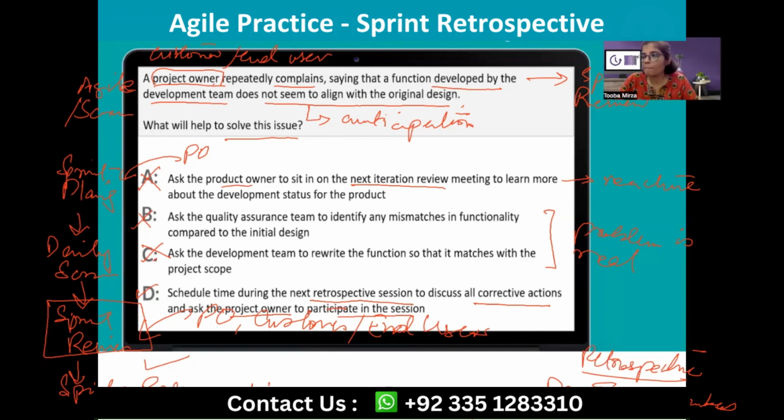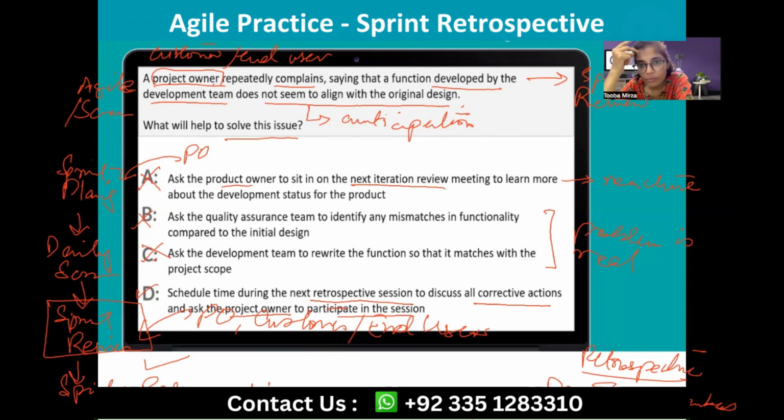All right. So, Tooba, you were saying that only the sprint planning and then the sprint retrospective, the product owner would be involved with. Isn't the product owner a person who is involved throughout the sprint? If we want feedback, he is complaining that there seems to be a problem with the development and with the original design.